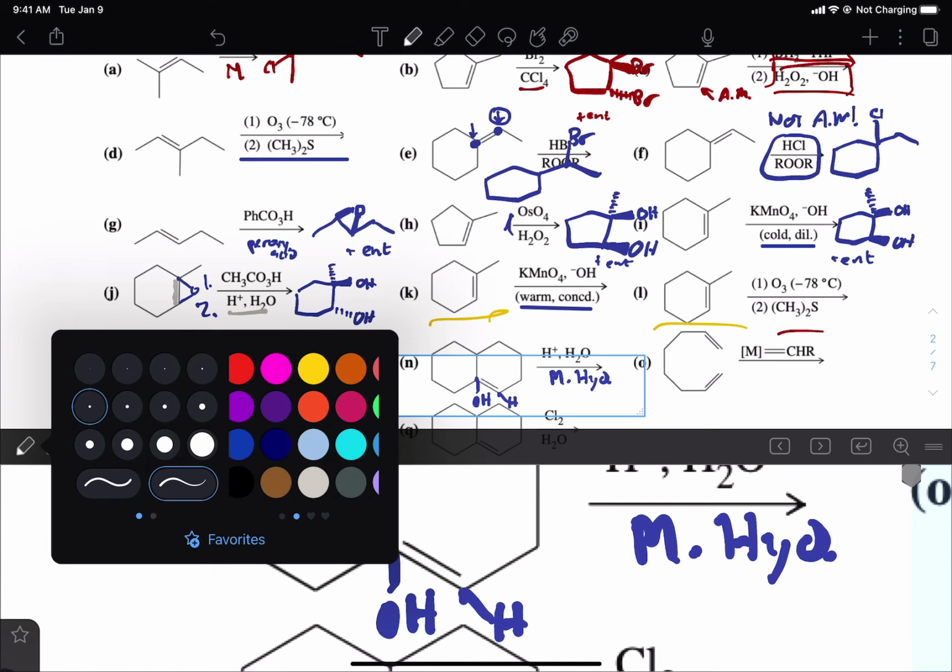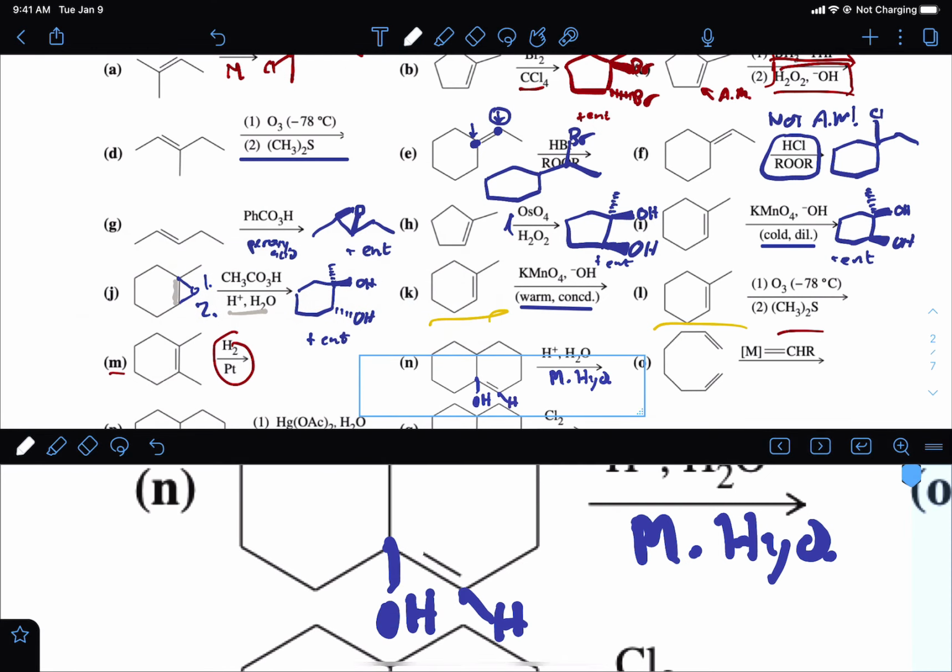You know, maybe we do this. Yep, double bond's gone. Okay, so that's Markovnikov hydration. Notice that the Markovnikov carbon, the carbon that gets the OH, is already tertiary. That's tertiary, so no rearrangements are going to happen. We're not going to be moving any H's around. We're already at a tertiary location.